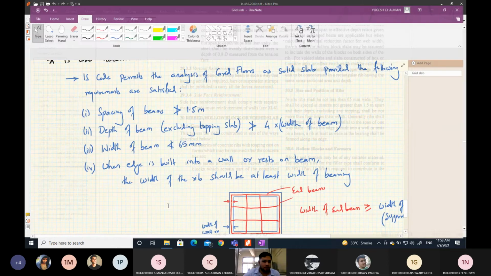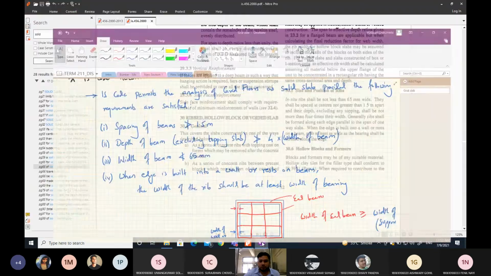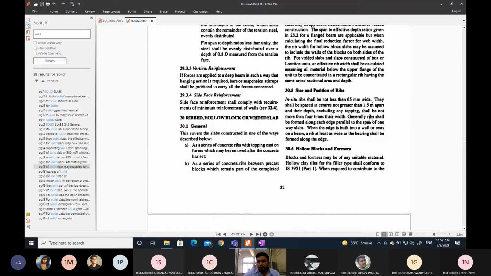So these are the first and second conditions. Spacing of the beam should not be greater than 1.5 meter. The depth of the beam excluding topping shall not be more than 4 times the width of the beam. Then generally the ribs shall be formed along each edge parallel to the span of one-way slab. When the edge is built into a wall or rests on a beam, a rib at least as big as the bearing shall be formed along the edge. Okay, so these clauses are given in IS 456.